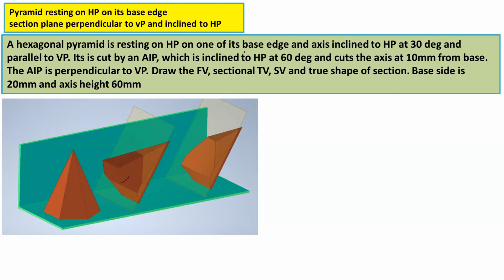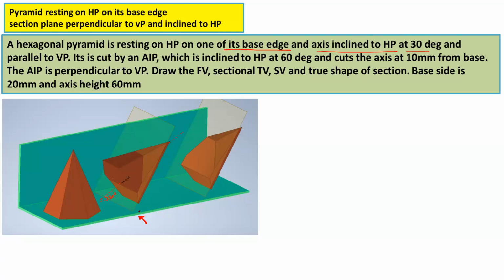The pyramid is resting on one of its base edges and the axis is inclined to HP at 30 degrees. So suppose this is the axis. This inclination, this is 30 degrees. So it is observed in the front view.